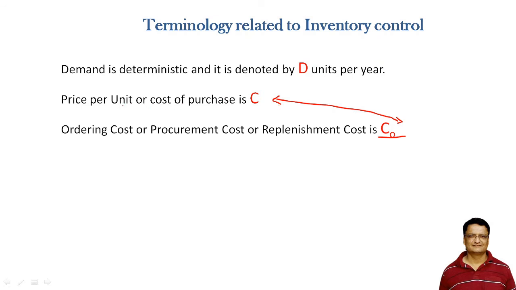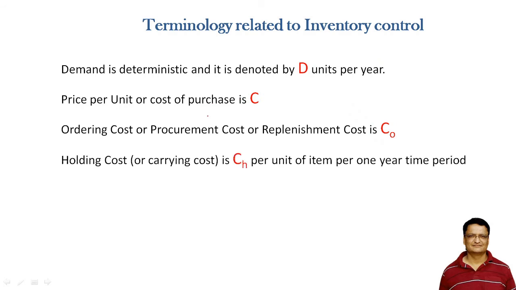This C is the cost of a unit, whereas when you place the order and you receive the order for a certain number of goods, you require certain more money, maybe for transportation and similar things, to get the order at your place, and that is called an ordering cost.